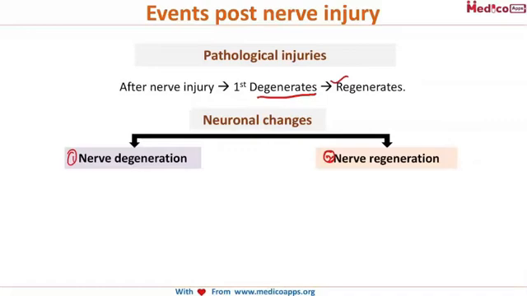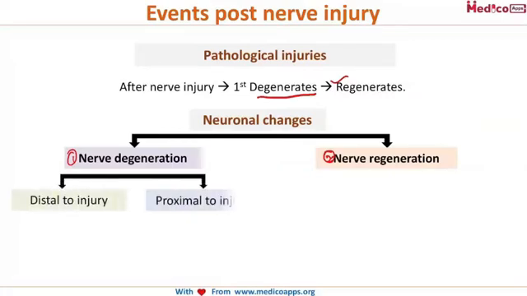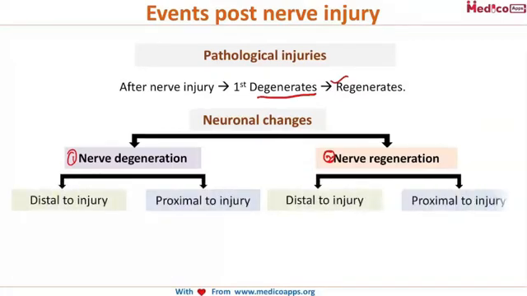Now, depending on the side on which these changes occur, that is degeneration or regeneration, they are classified broadly as changes distal to the injury and changes proximal to the injury. However, the changes of regeneration do not have any specific names, but those for degeneration do.